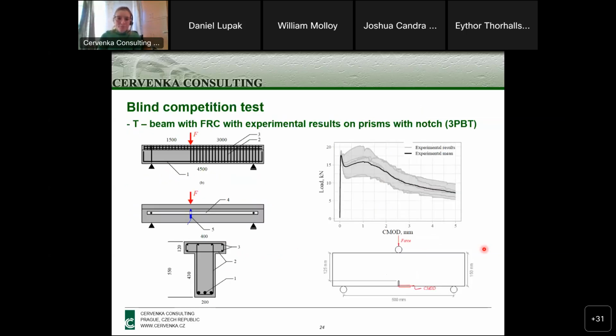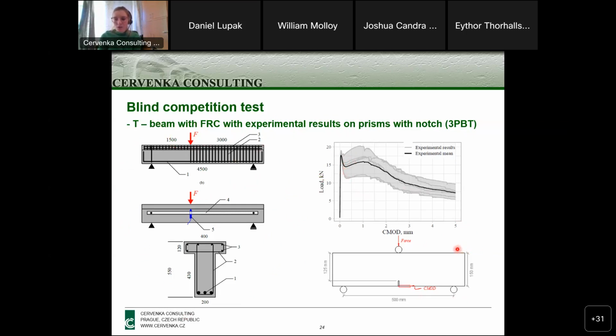And they were studying this blind competition test because here you can see how the setup of the test for the T-beam looks like, what the reinforcement is like. And all the competitors got the results from experimental testing of FRC, the fiber reinforced concrete.